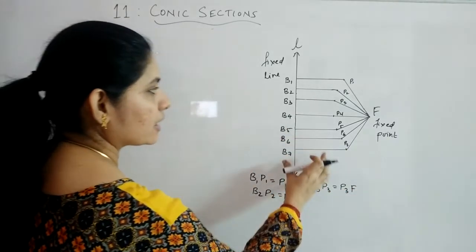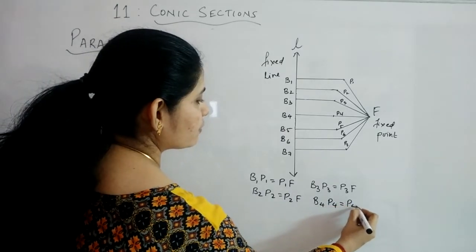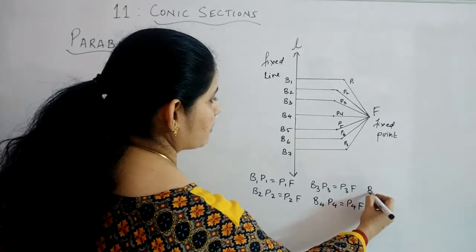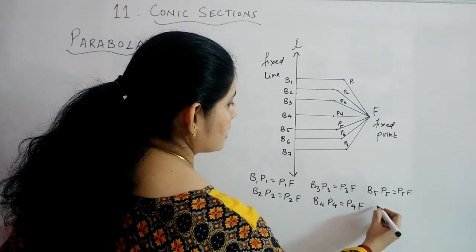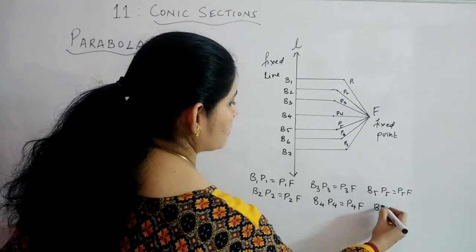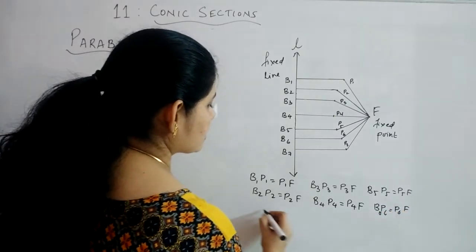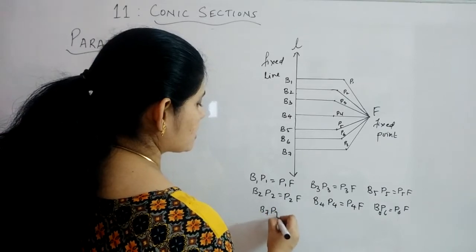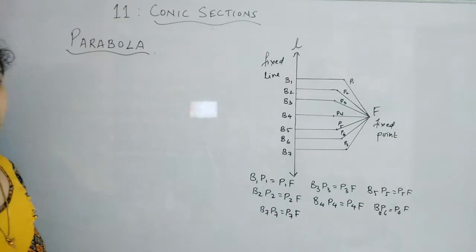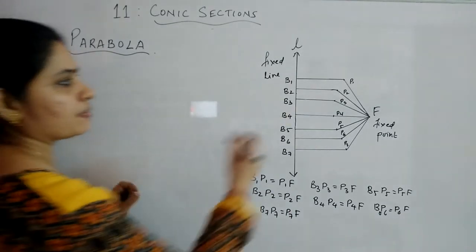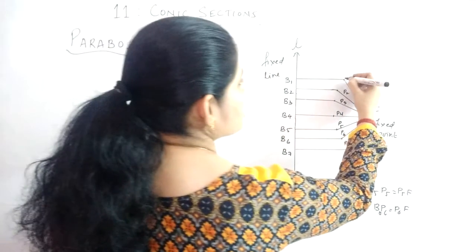Similarly, I have taken the points B4P4 equal to P4F, B5P5 equal to P5F, B6P6 equal to P6F, and B7P7 equal to P7F. Now the points which are satisfying this type of condition, those points I am joining.